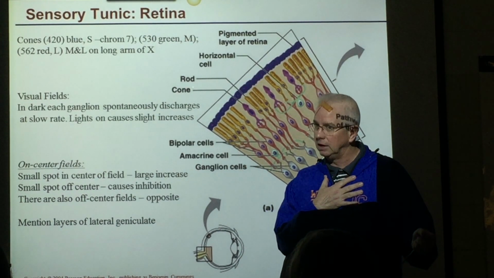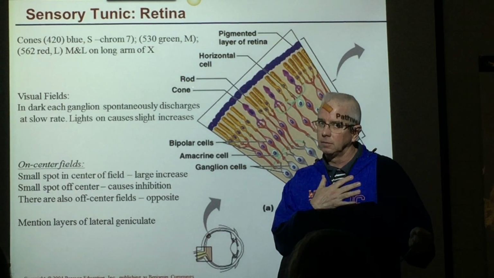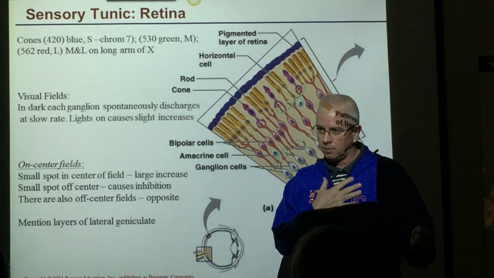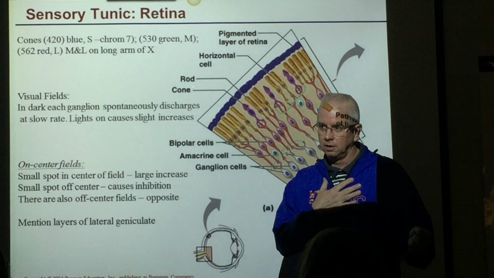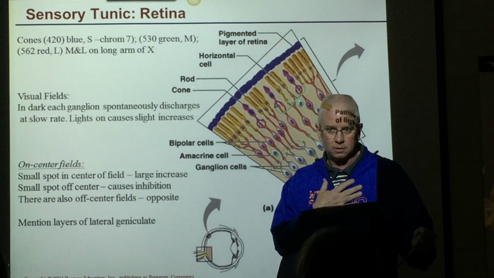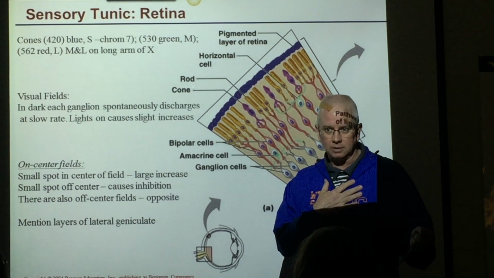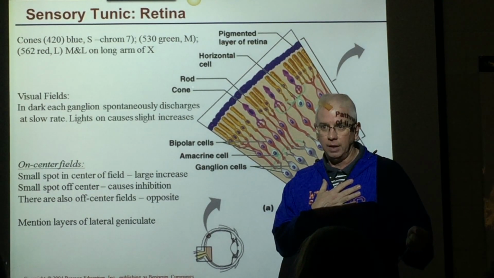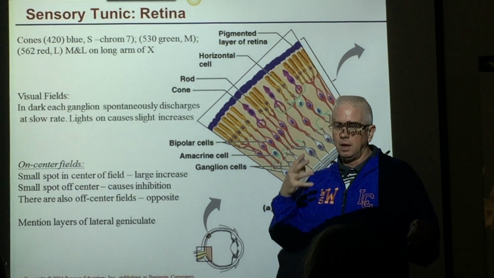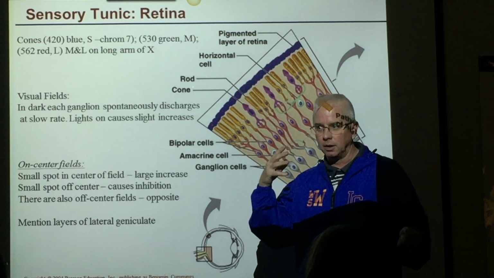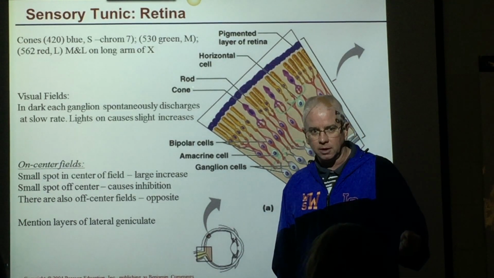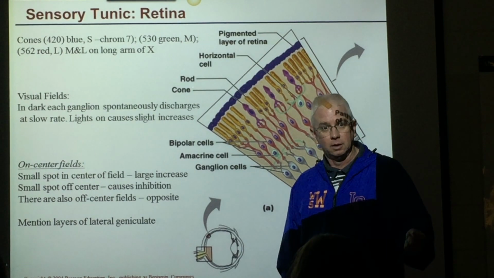Because vision, as you already know, is a phenomenon that occurs in the occipital cortex, and a phenomenon that occurs in the superior colliculus. If you have damage to your brain, your eyes can work just fine, but you're not going to see.